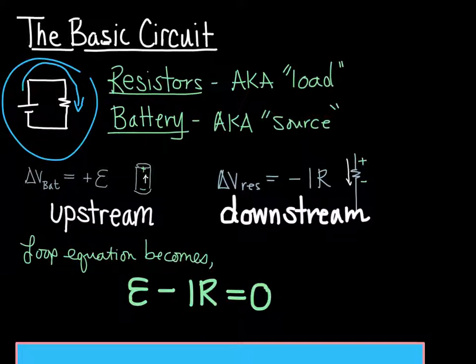And so we see the negative sign in our formula here as we're subtracting the potential difference through the resistor. The sum of the potential differences has to equal 0 because energy is conserved.